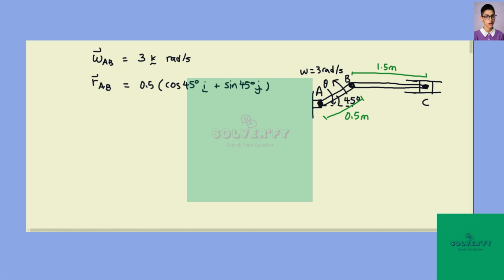Using this, we can determine VB. It's just omega AB cross r AB, which is 3k cross 0.5 times (cosine 45 degrees i plus sine 45 degrees j).